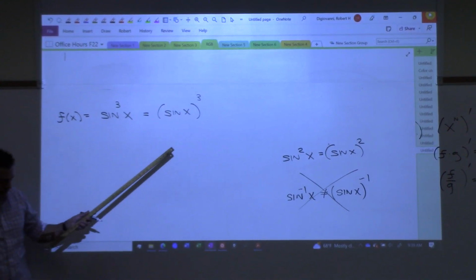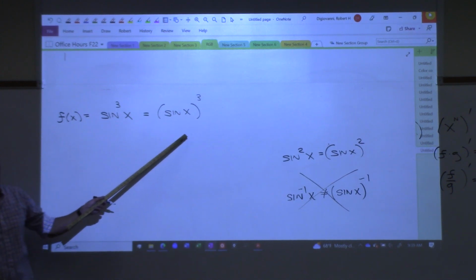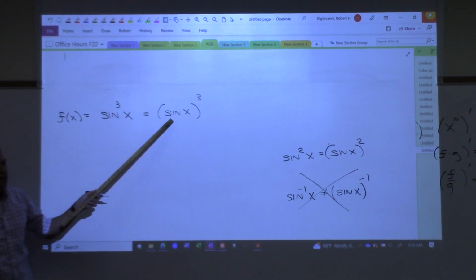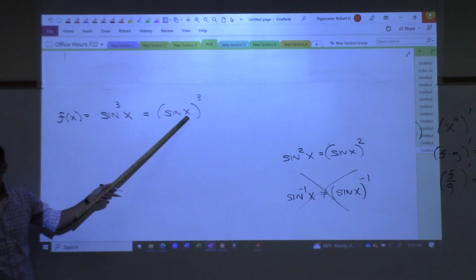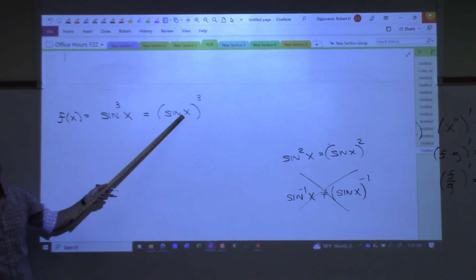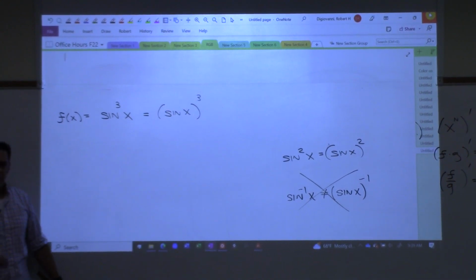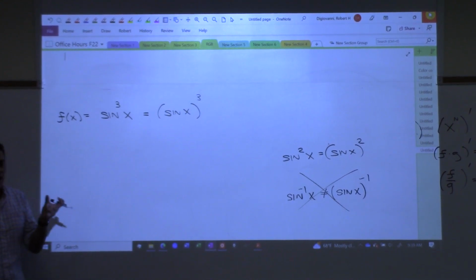If I say plug in 2 for x, you would take 2, get on your calculator and do sine of 2, right? And then what would you do after that? You cube it. So that's two different functions, two different things that just happened. You took sine of x and you plugged it into the cubed. That's composition of two functions.